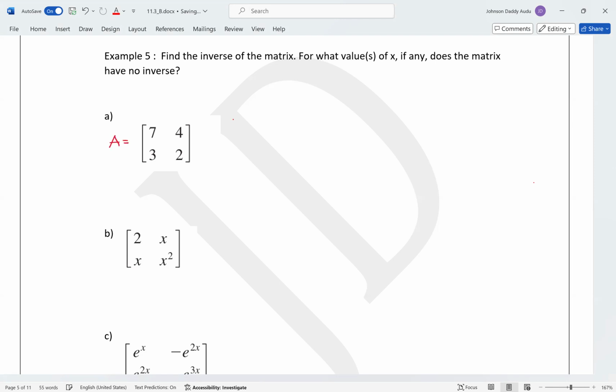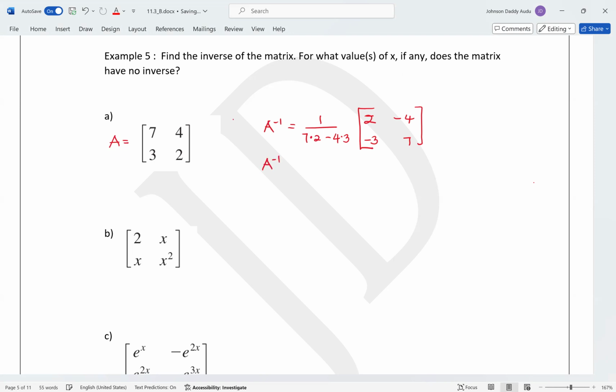We can say, okay, A inverse by formula is just going to be 1 over 7 times 2 minus 4 times 3. Then you just interchange: this one will be 2, here will be minus 4, minus 3, and 7.